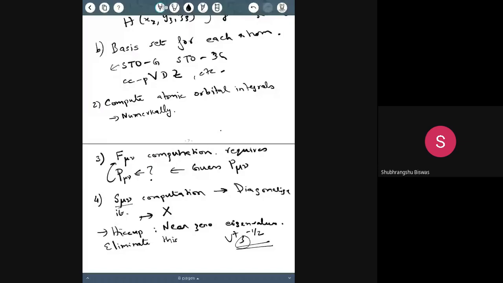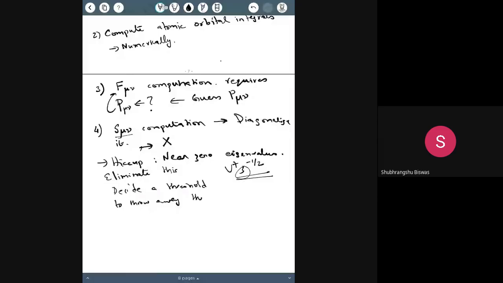So to eliminate this, you need to decide a threshold to throw away these small eigenvalues and the corresponding eigenvectors.